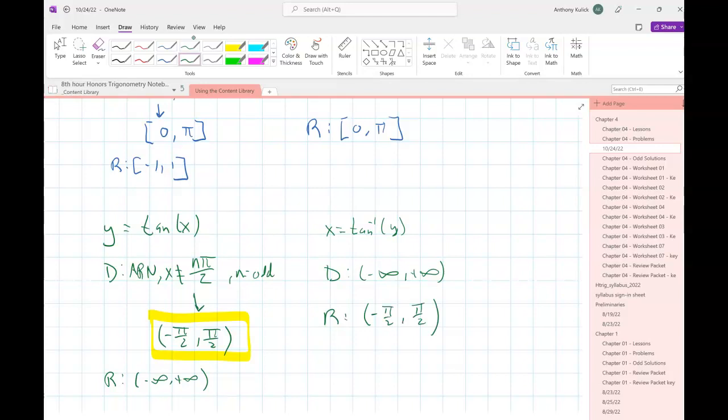Anybody with a guess? Katie: That's where the asymptotes are, at negative pi over 2 and positive pi over 2. Very good. So those aren't in the domain anyways, so they get parentheses instead of brackets, right? Bracket means included. Parentheses means it's not included.